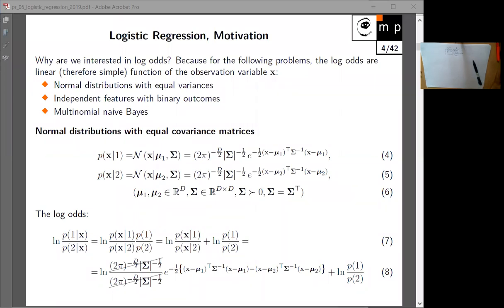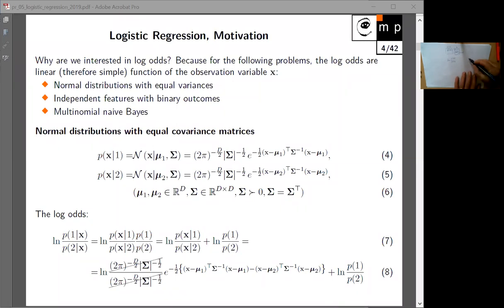Let's see how such log odds look. So we'll now be looking at this logarithm of P1(x) over P2(x). We'll be looking at the functional form of this ratio for some commonly encountered distributions.